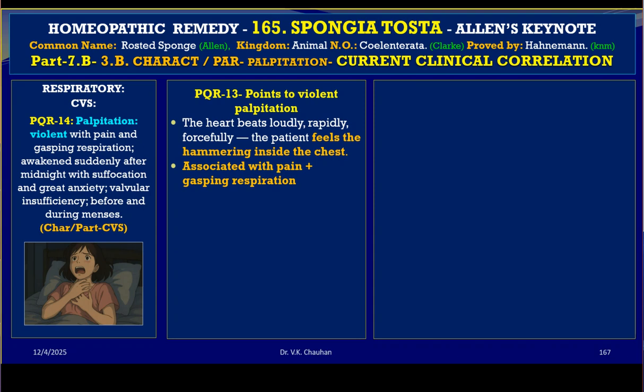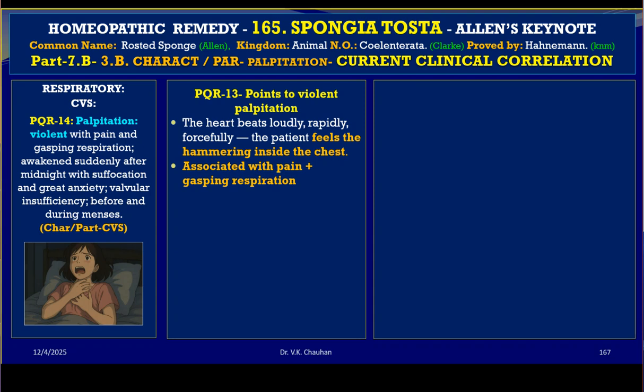Pain could be angina. It is a heart-associated symptom, so we take it up as a pain related to the cardiovascular system. And grasping respiration is because whenever heart failure starts, there is backward pressure and the lungs are congested.